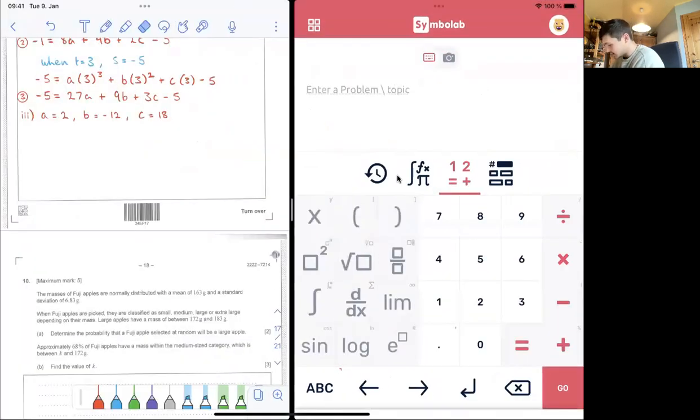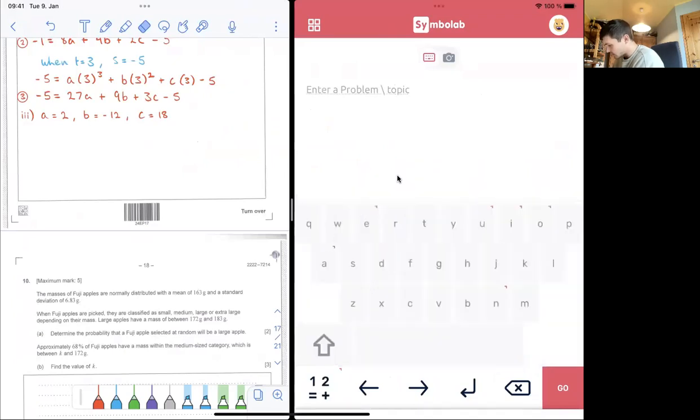Now I'm going to change the variable s into y and t into x, just so that the calculator recognizes that I want it to graph on a y and x axis, or xy axis.